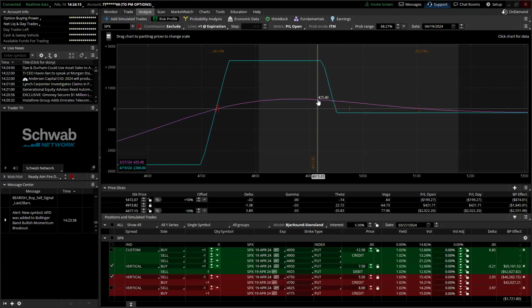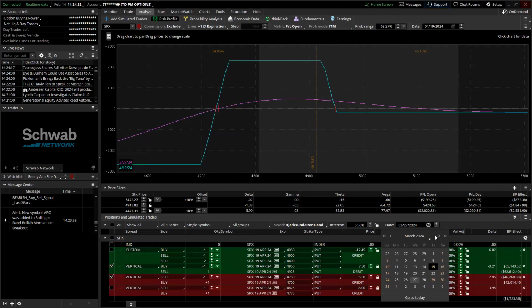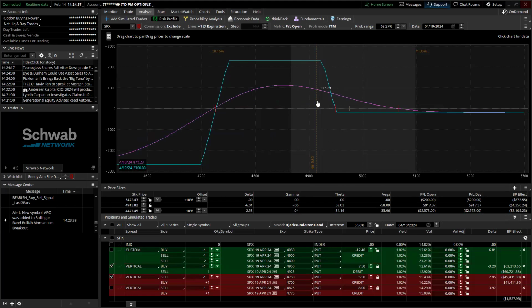So number one, you are already exceeding your profit target, and number two, as this hump, and you can see this purple line or pink line, is this hump starting to build, the closer we get to expiration, let's go forward another 2 weeks, right, the more pronounced this line is and the more volatile your P&L is going to be.